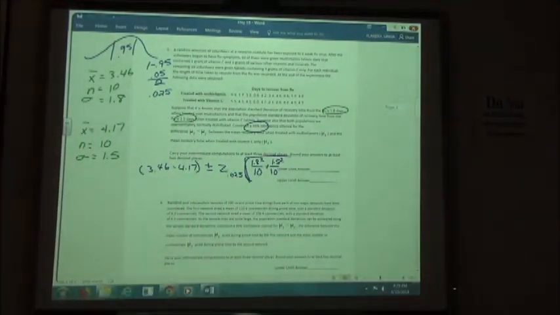Now you get to practice putting that in there. Can you read my scribbling? Okay. So wait, where do I put the z sub? This is going to be the 0.025, that number here. Squared.